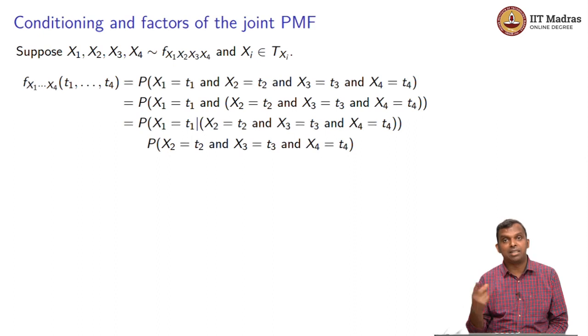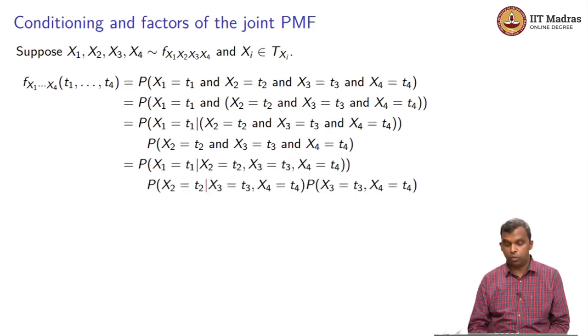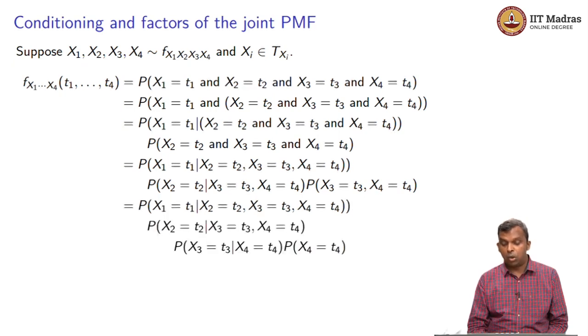Next, I can repeat this. I have the probability of x2 equals T2, x3 equals T3, x4 equals T4. I can do bracketing, conditioning and multiplication: x2 equals T2 given x3 equals T3, x4 equals T4, times P of x3 equals T3, x4 equals T4. Notice how conditioning is helping me out. I have written the joint PMF as a product of 4 factors.